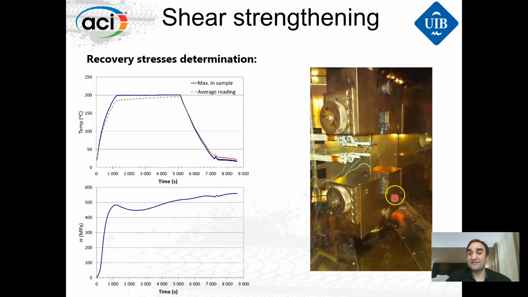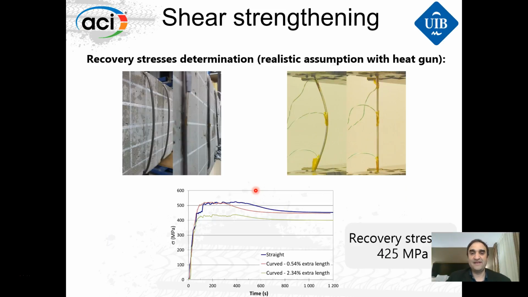The thermal inertia of these clamps is very high. So after quite a lot of time, we can cool the material. And at the end of this process we have these recovery stresses around 550, 580 megapascals, MPa.